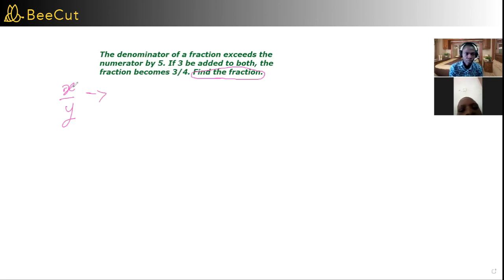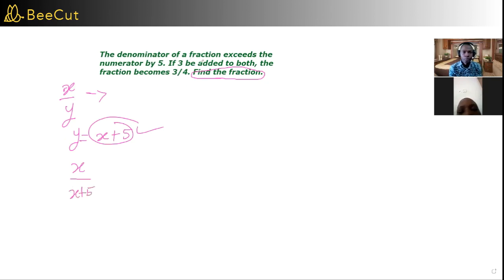That means if the numerator is x and the denominator is y, then y equals x plus 5. So I'm not going to use y this time around. I'm going to use x plus 5 to replace y, because it exceeds x by 5. So the fraction now becomes x over x plus 5.